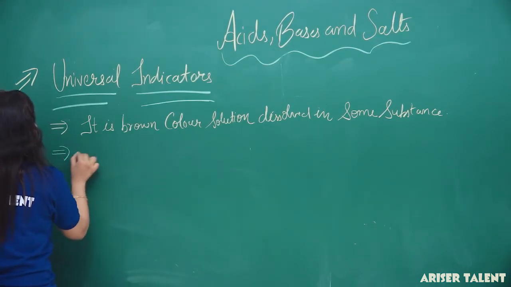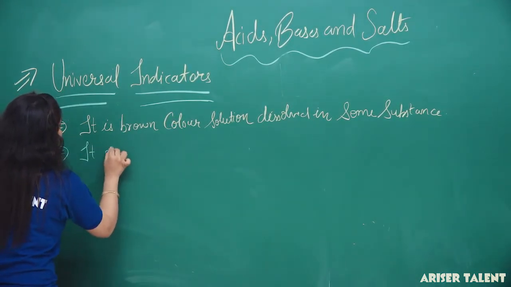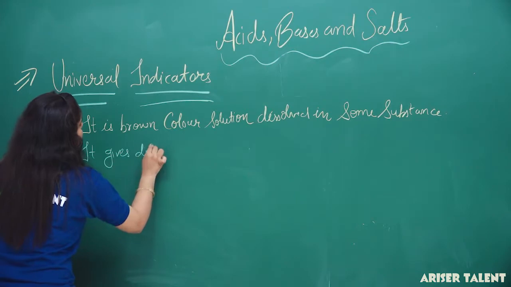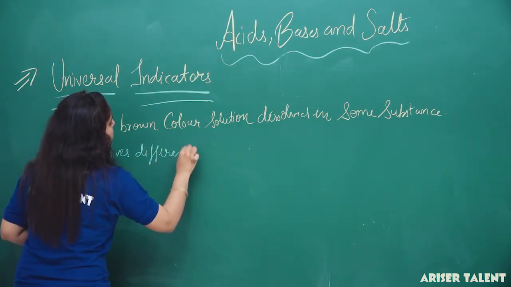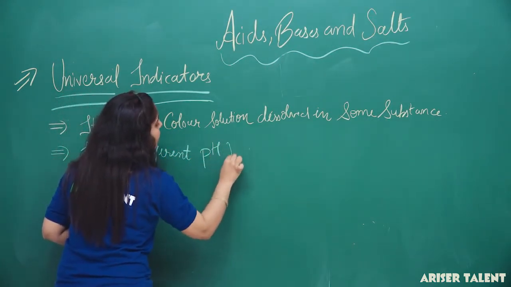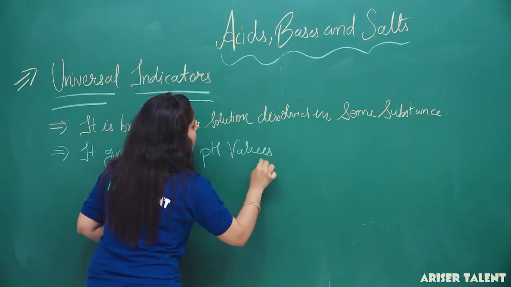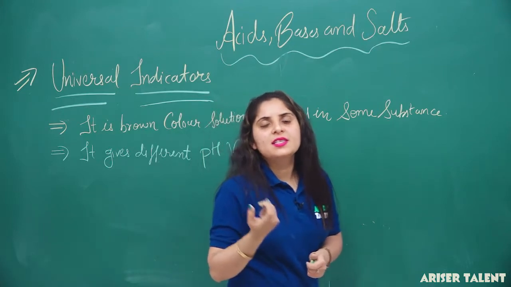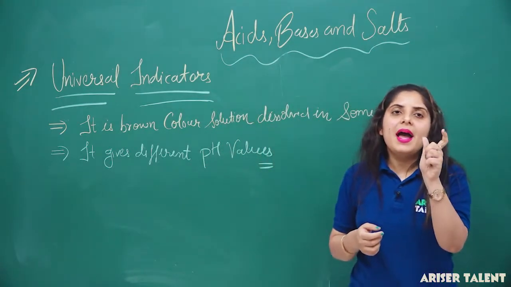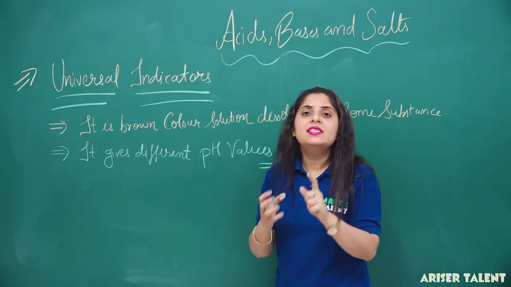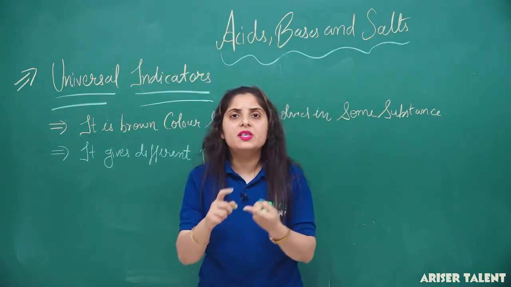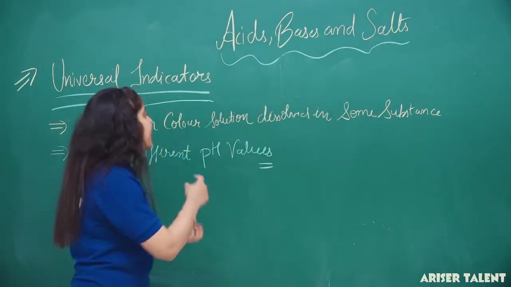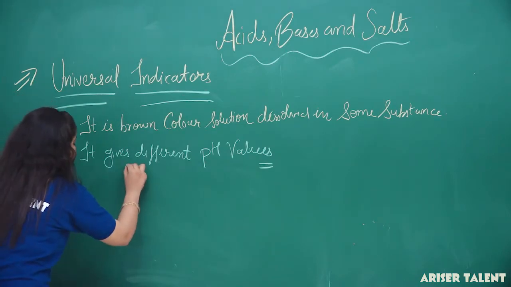It is giving the different pH values. So universal indicator is basically used to judge the pH of a solution. By identifying the color, we can consider the substance as acidic, basic or neutral. Now what happens in case of the universal indicator?